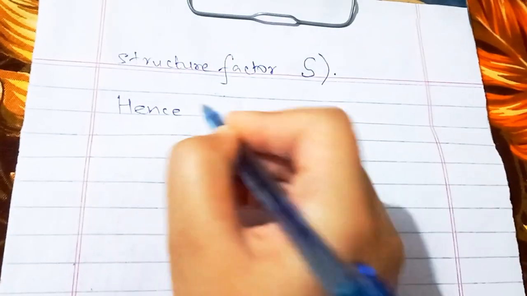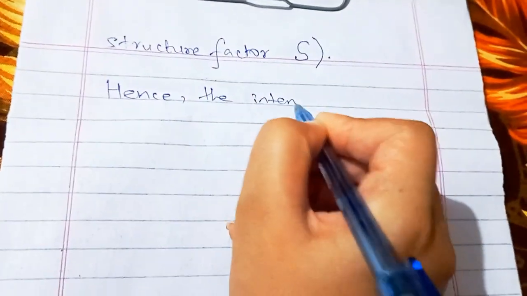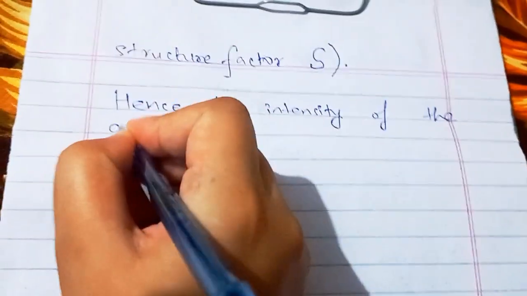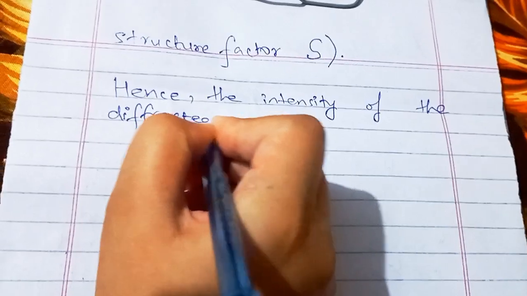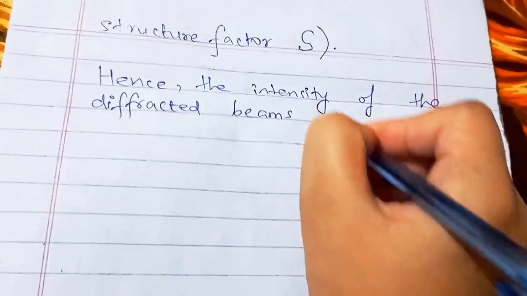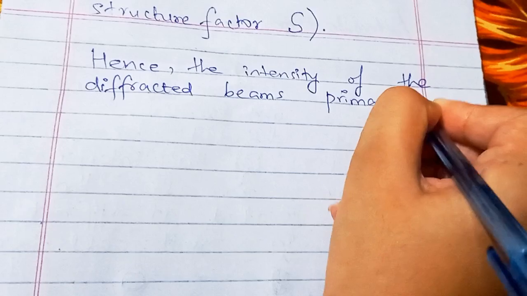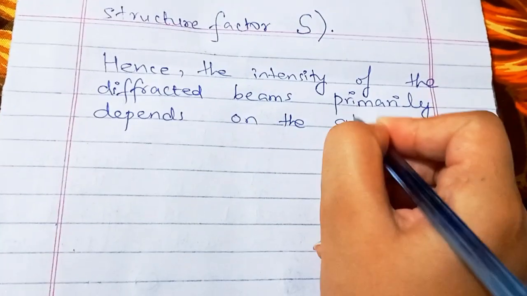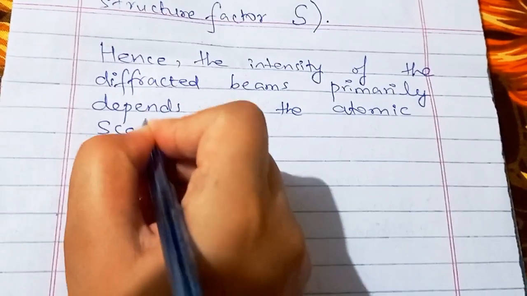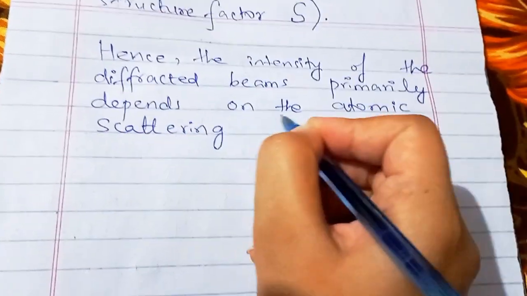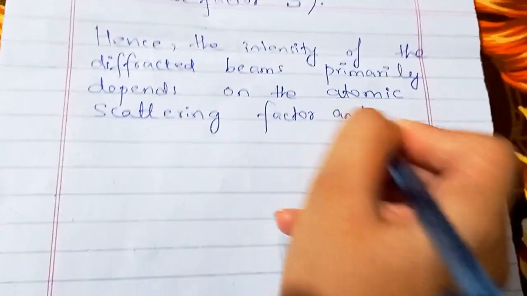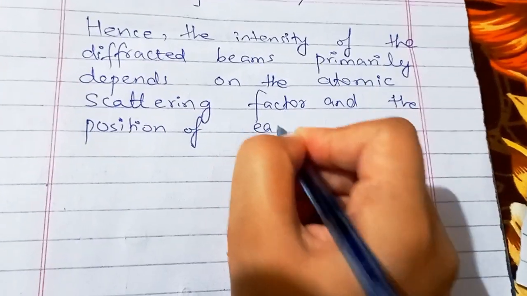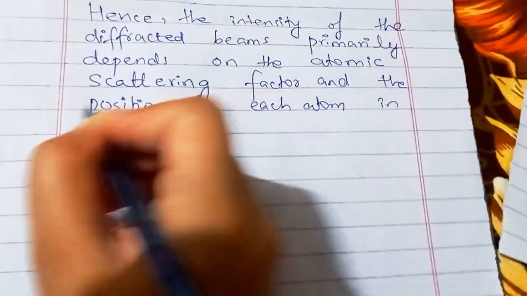Hence, the intensity of the diffracted beams primarily depends on the atomic scattering factor and the position of each atom in the unit cell.